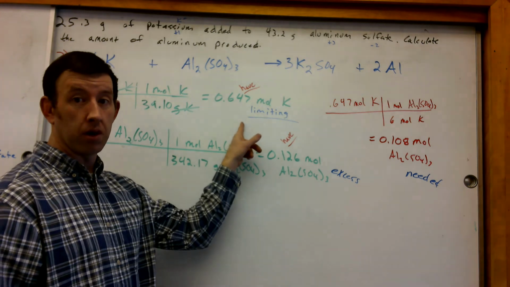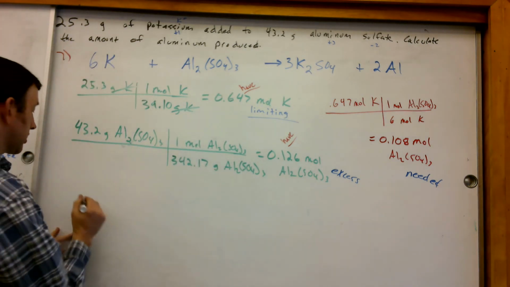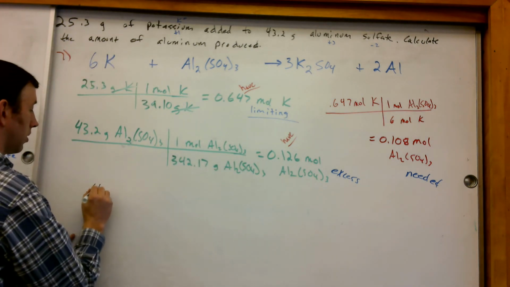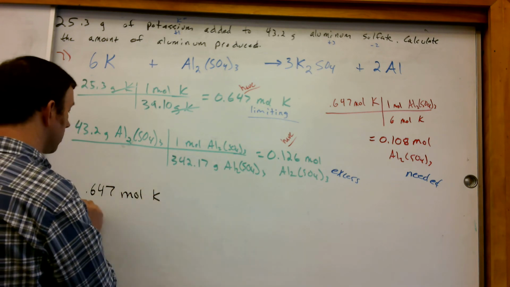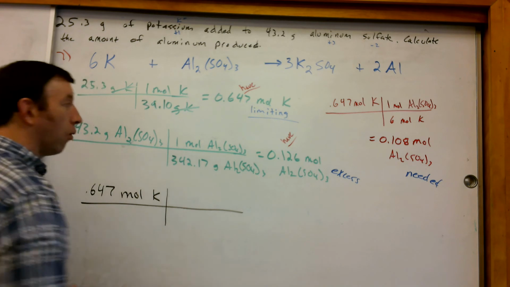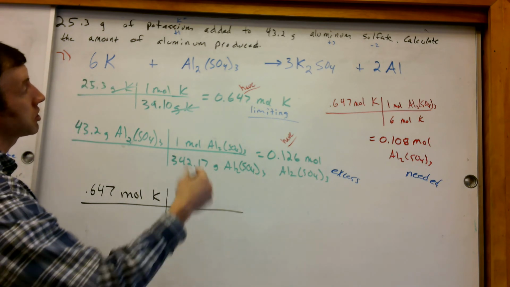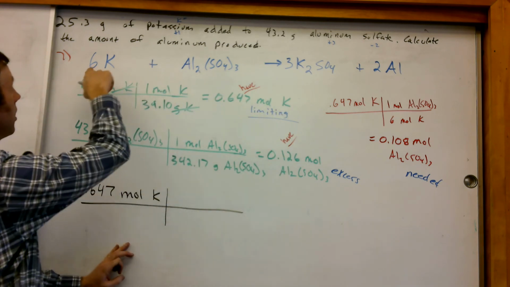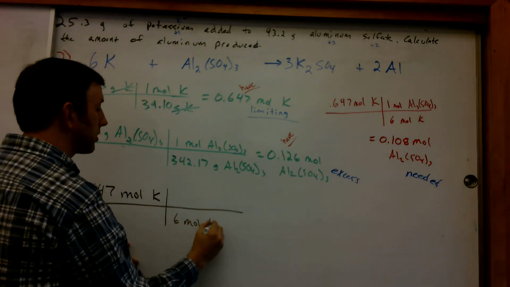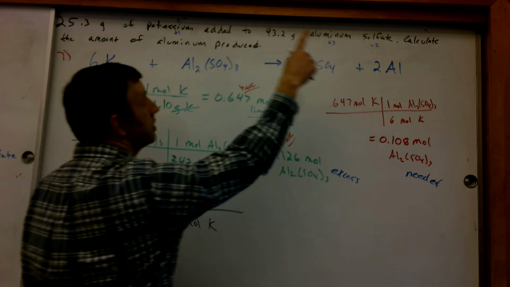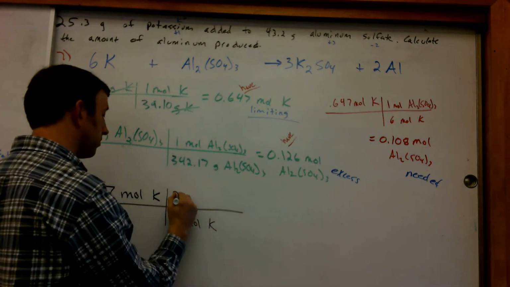The limiting number. So I have 0.647 moles of potassium. What am I trying to figure out? How much aluminum I have. So I'm going to compare 6 moles of potassium produces 2 moles of aluminum.